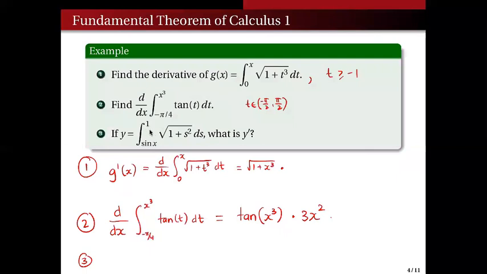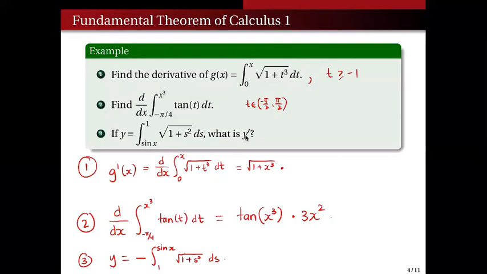Therefore, we have to interchange the two. And remember, when you interchange the limits, you have to put a negative. So this is the negative. We are now ready to interchange those limits, and then here you have square root of 1 plus s squared ds. But that's just your y.